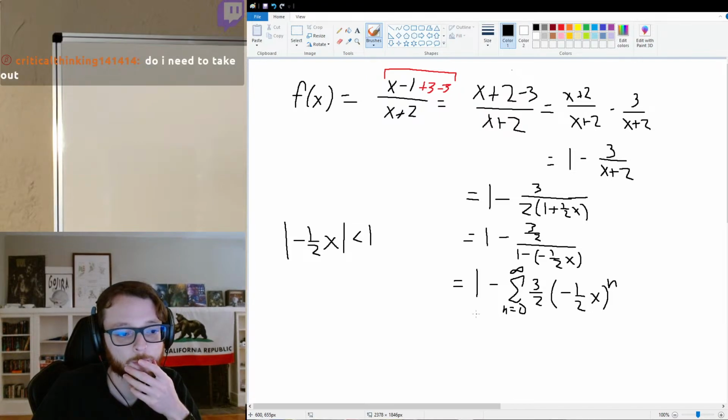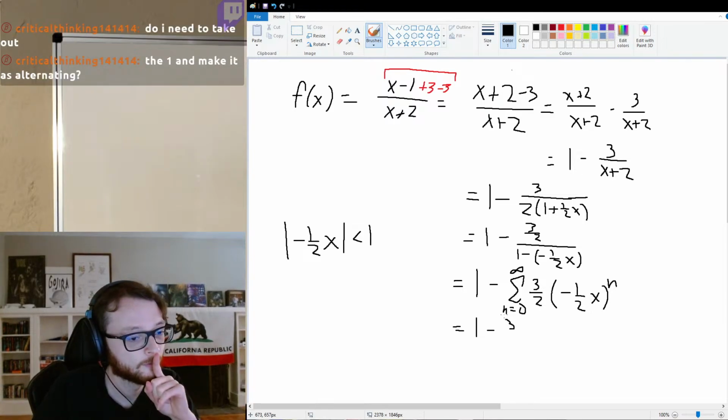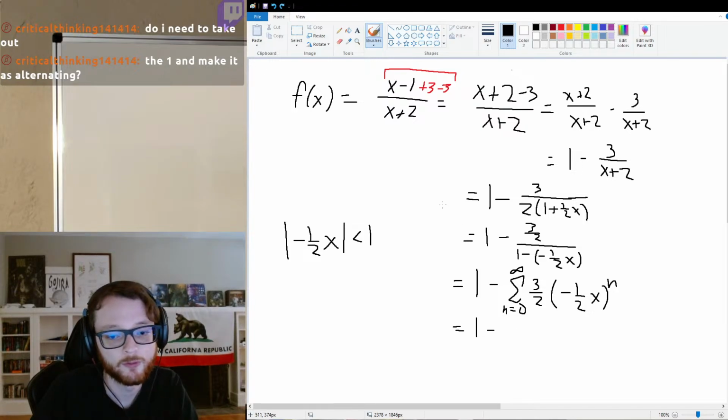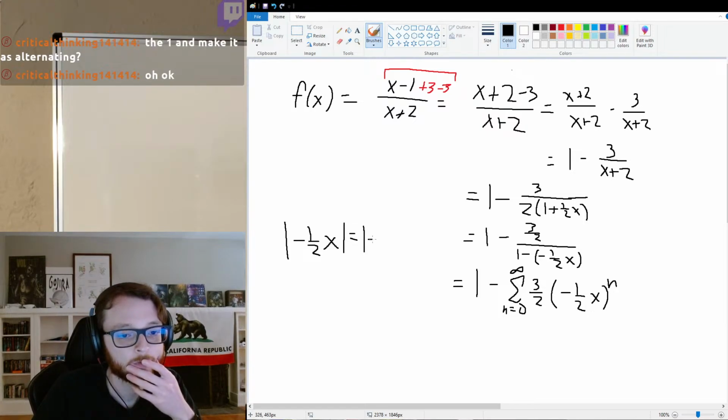You can take out the 3 over 2 if you want. I don't know how the book likes things. Take out the 1 to make it alternating? You can, yes. Based off how we did that last problem, though, I wouldn't. I would use the same identity as last time.